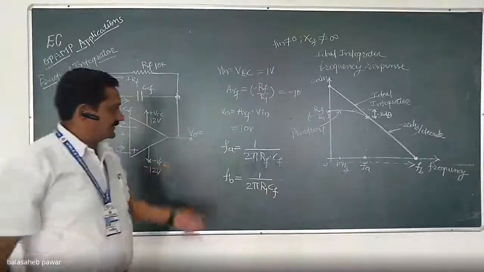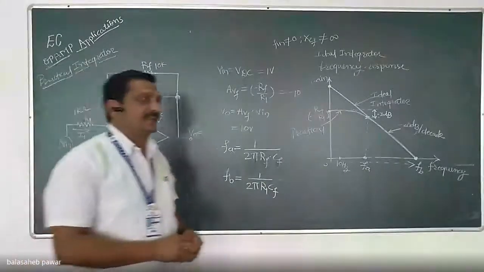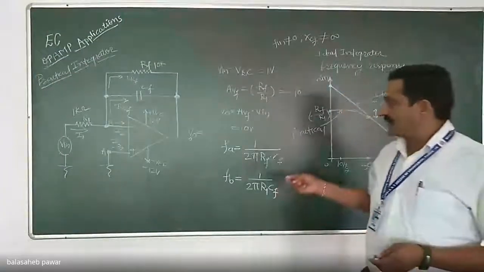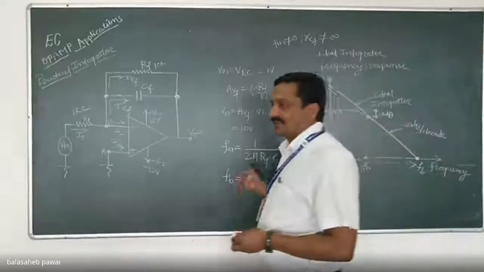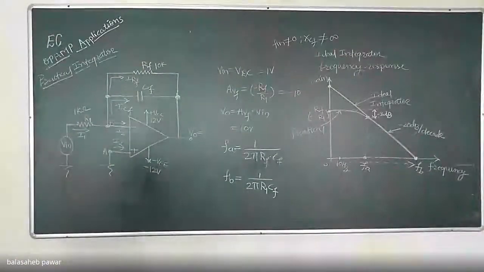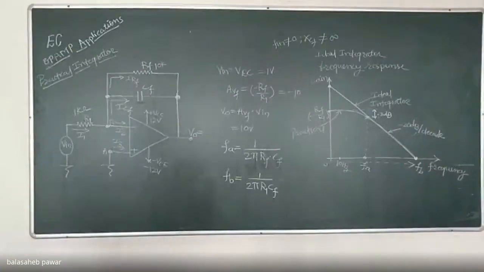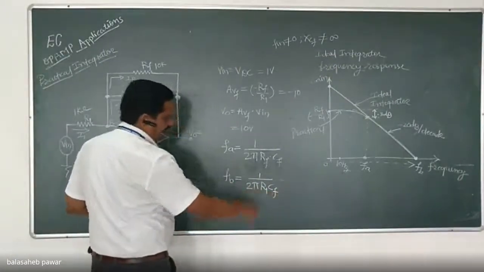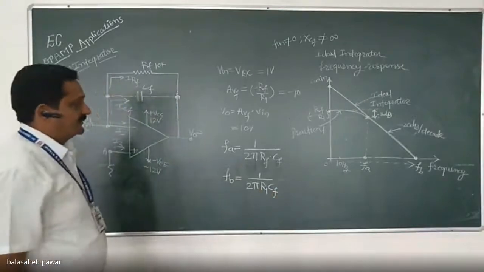Based on these two formulas, a numerical may be asked in your theory exam for 4 to 6 marks, so you have to remember them. FA depends on the feedback resistor RF and the feedback capacitor CF, while FB depends on the input resistor R1 and the feedback capacitor CF.